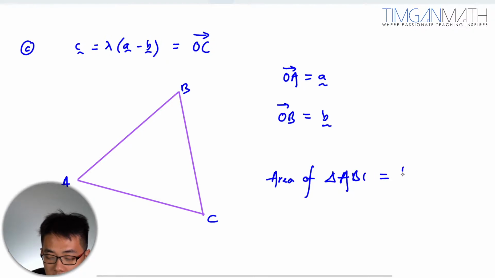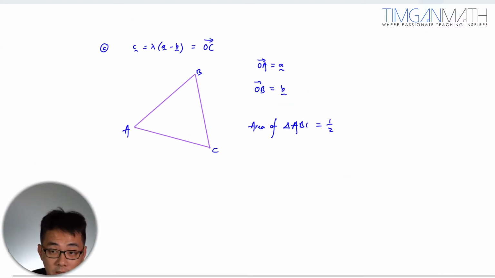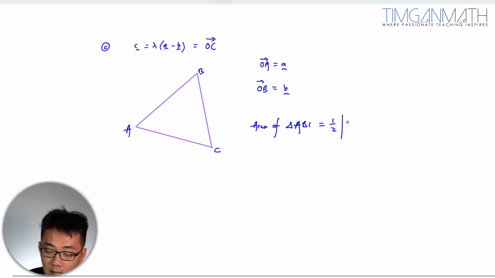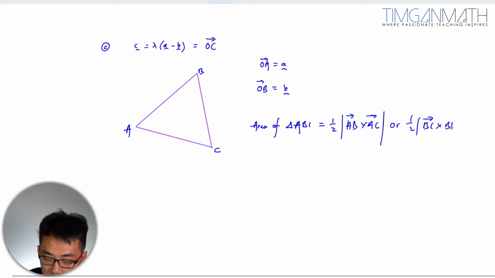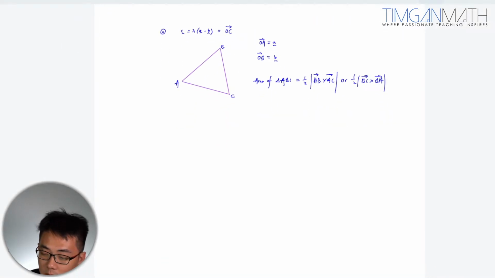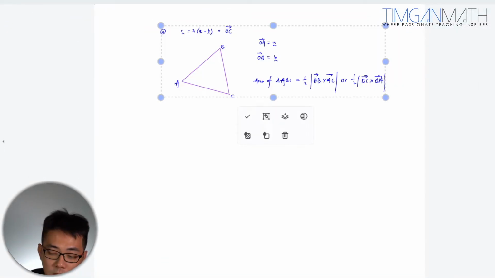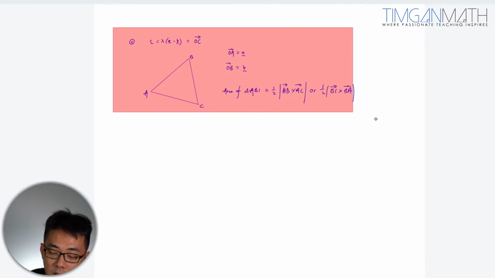You can actually use any two adjacent sides, two neighboring sides. So you can just use half AB cross AC, or half BC cross BA, or half CA cross CB. It really doesn't matter which one you use, because you still get the same answer.